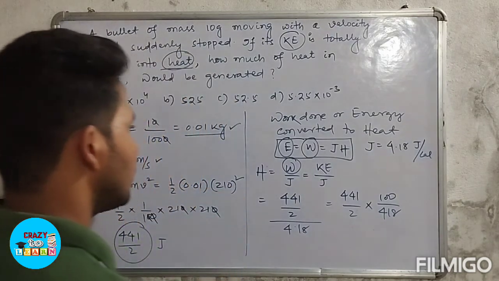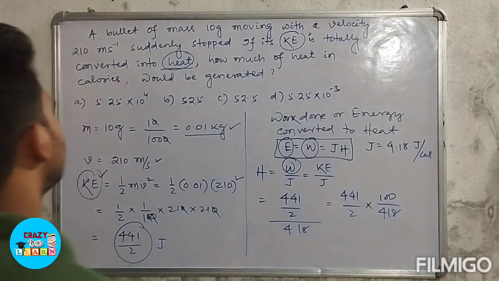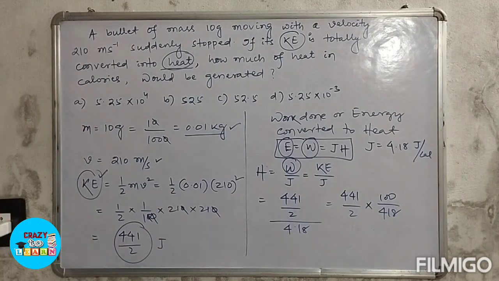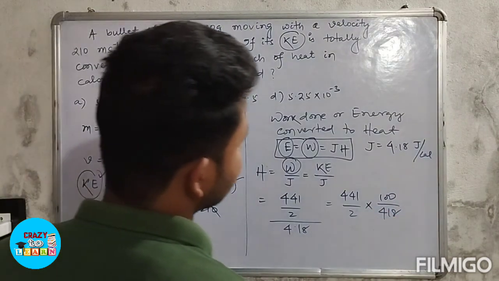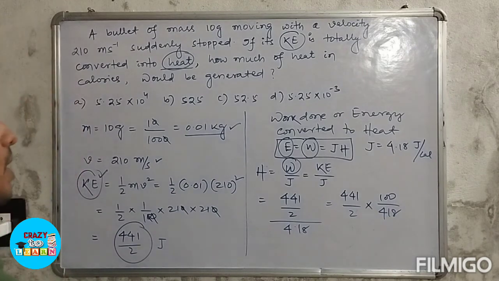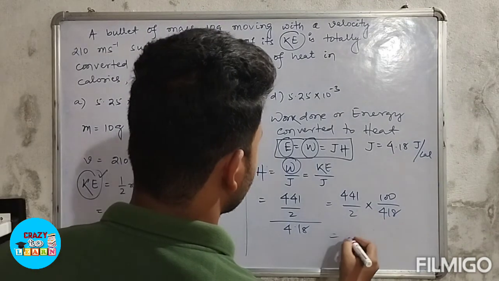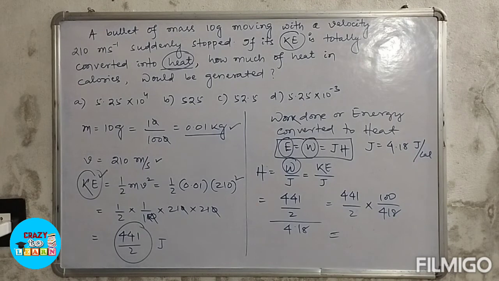After calculation, what will you get? 441 into 100 divided by 418 into 2. Just calculate quickly.